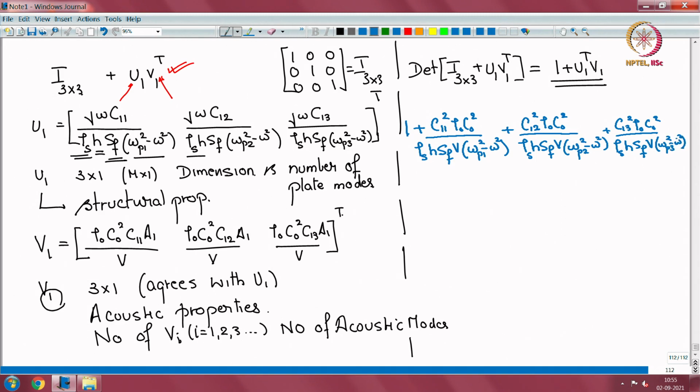That is the determinant. We will set this to 0 to figure out the solutions of omega, later.